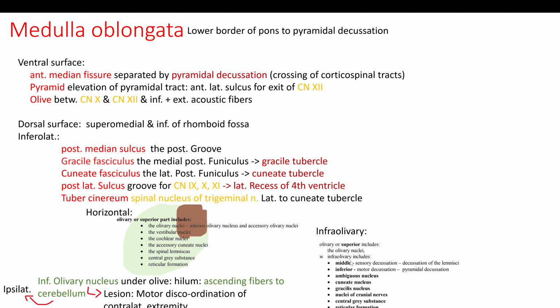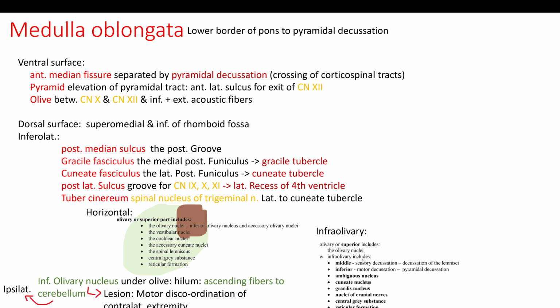And now what's important is the inferior olivary nucleus, the main olivary nucleus beneath the olive, including the hilum of the inferior olivary nucleus, open with the sac-like olivary nucleus facing towards the medial direction. It is connected to motor coordination and to the cerebellum, and is the single source of climbing fibers to the cerebellum.